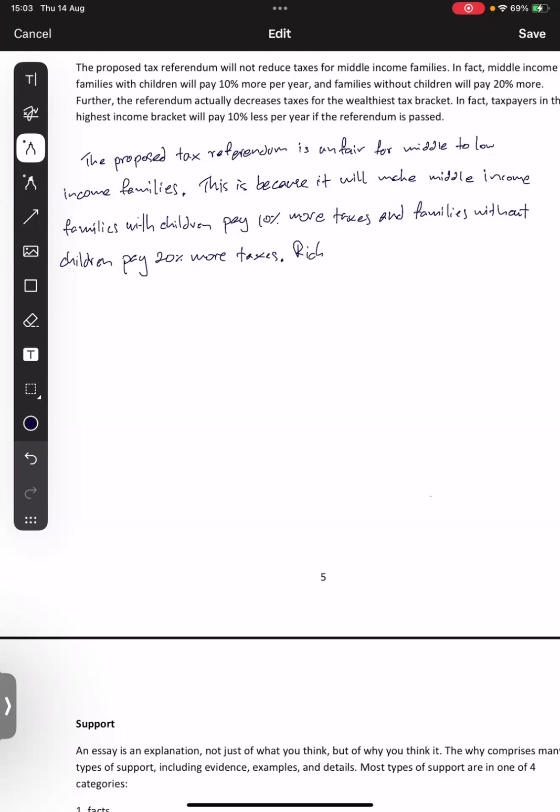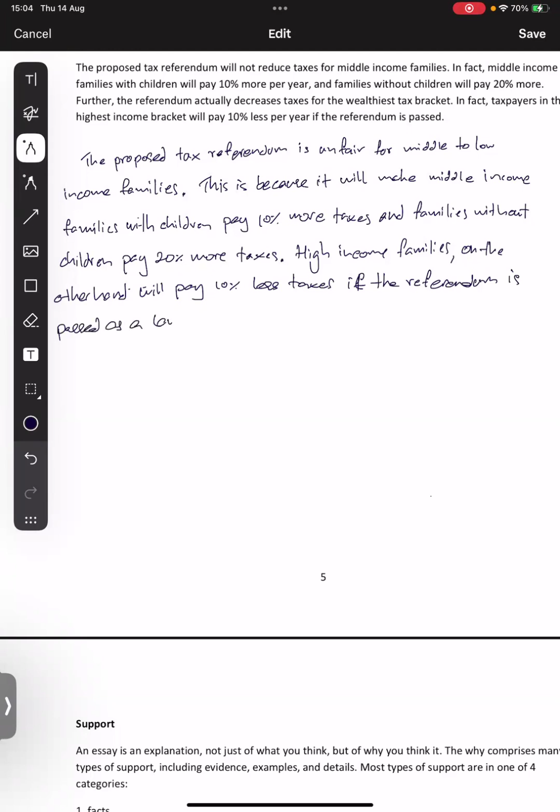High income families, on the other hand, will pay 10% less taxes if the referendum is passed as a law.